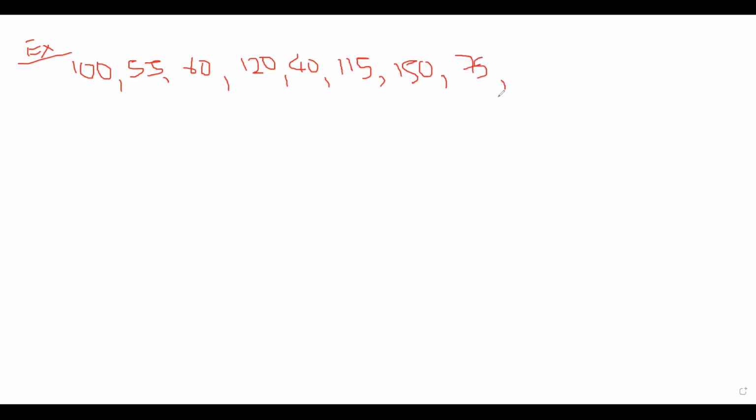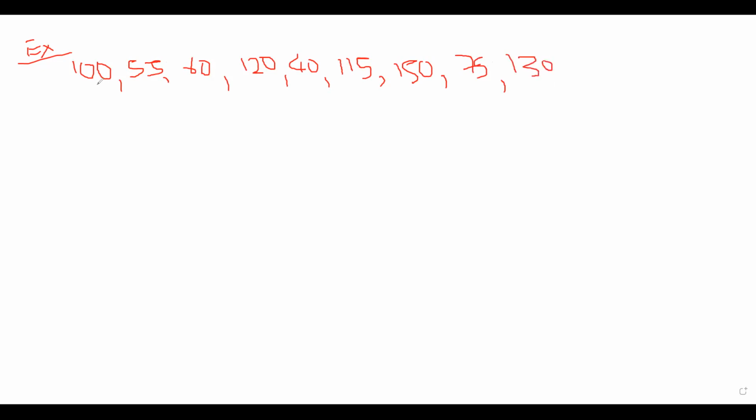Right? Okay. So let's do an example. Don't have the drawing pad, so okay, let's say you have a list of numbers: 100, 55, 60, 120, 40, 115, 50, 75, and 130.